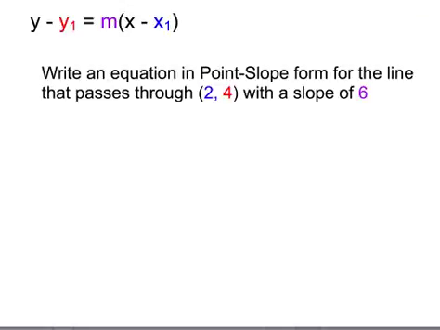Write an equation in point slope form for the line that passes through (2, 4) with a slope of 6. I even color coded the slide. It doesn't print on your slides, but on the screen you can see it. So y minus 4, since y1 is 4, equals 6 times x minus 2.